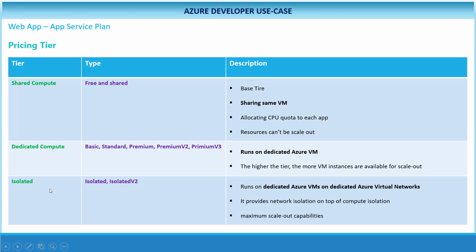Isolated means it's completely isolated. So it is having dedicated Azure VMs and a dedicated virtual network. That means it provides network isolation on top of compute isolation, right? And maximum scale out capabilities as we have dedicated Azure VMs.